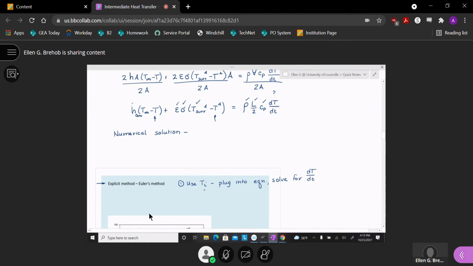But let's say our steps will be, for this method, and then I'm going to use this delta T, let's see, is a time step.